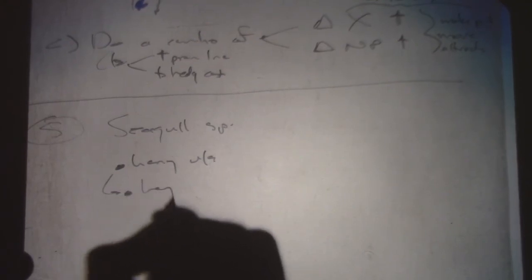Number 5, seagull. Now, this story has all the characters. So where does it always start from? Long underlying asset. What was the next one? Come on, guys. It's the same. Long put.